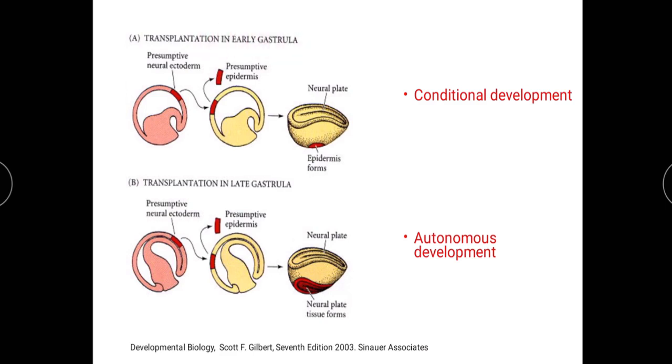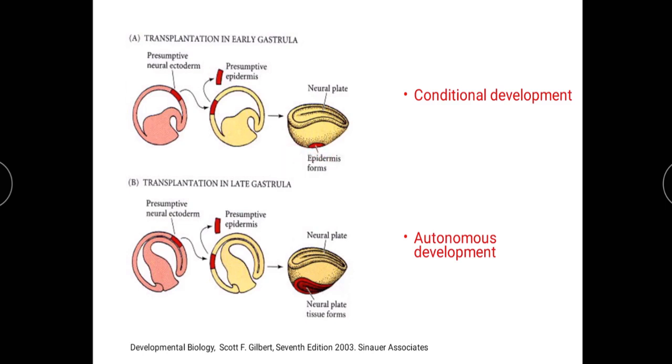But in the late gastrula, you can see the difference between these two diagrams. Here the gastrulation has just been initiated, and here the archenteron has enlarged quite a bit. It means this is a late gastrula. So here again they transfer the same type of cells. What is expected? This neural ectoderm should behave as epidermis, just like this, but it won't happen.